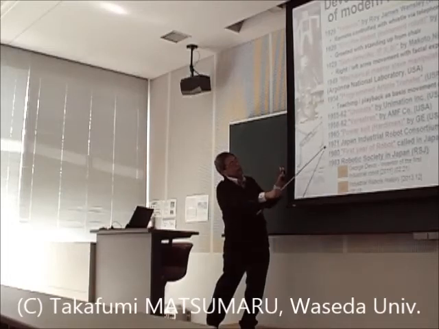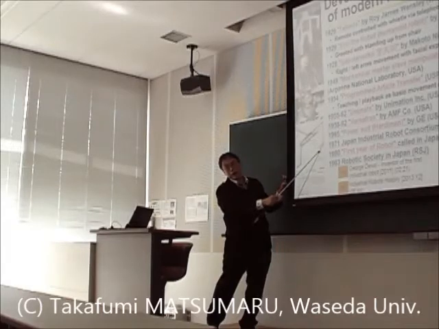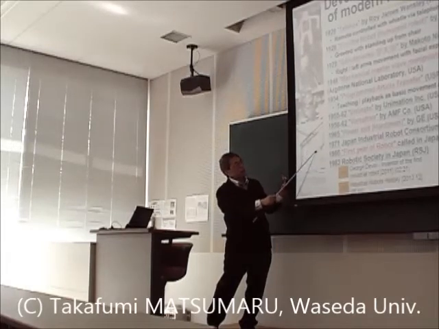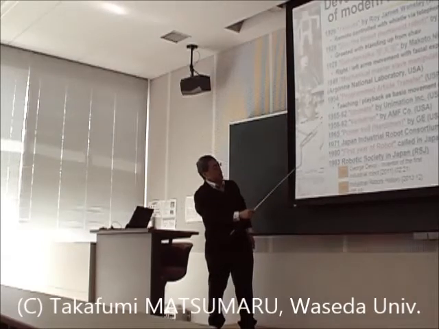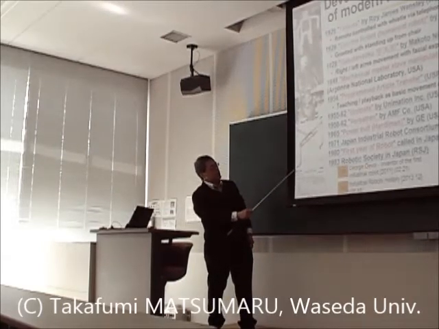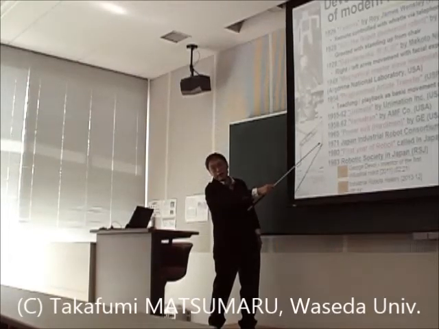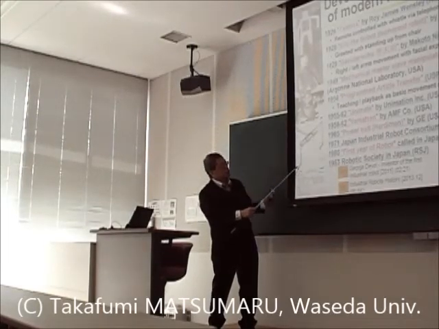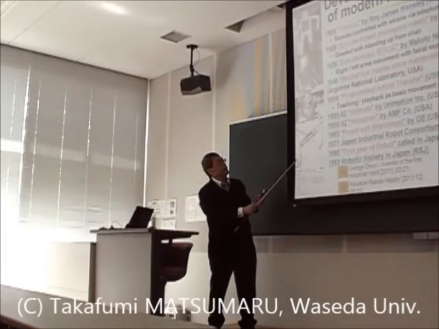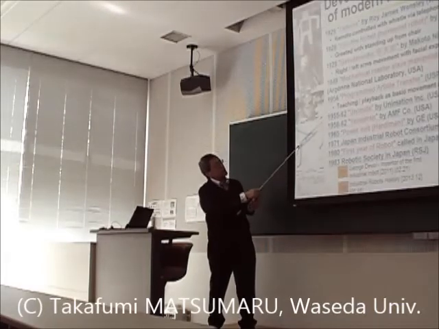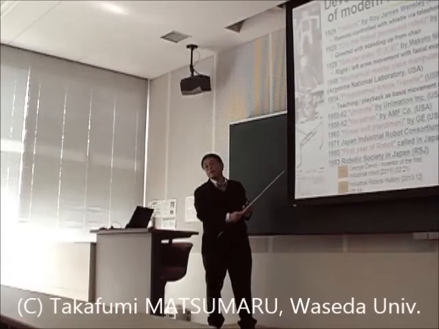The human worker operates the master arm and watches the slave arm's operation through this glass, and the radioactive material is handled. This is mechanically connected, the master arm and slave arm.